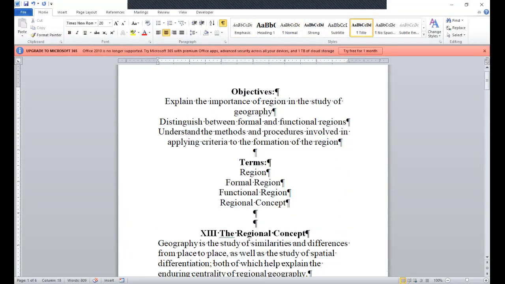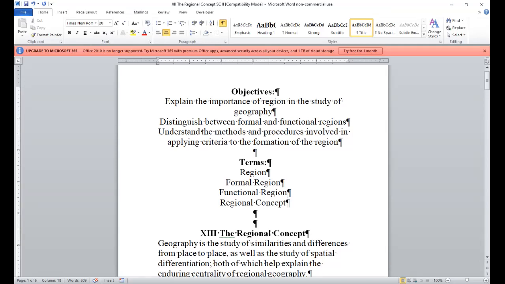Of course, some of the major terms here: region. Regions are spatial extents, patterns of sameness. Formal regions are regions that are dubbed such because of perhaps something that's static, a law, maybe a climate pattern, things that are just not going to change.